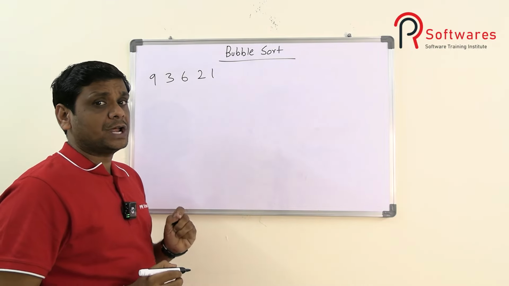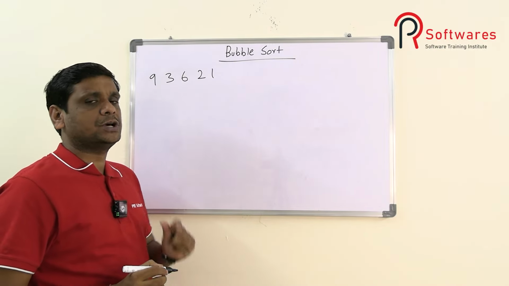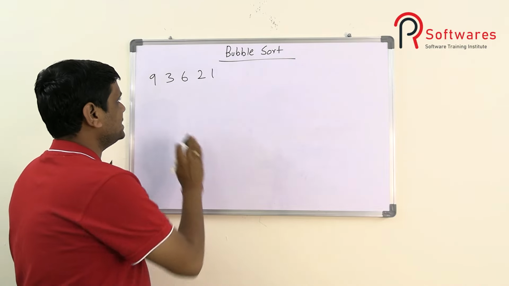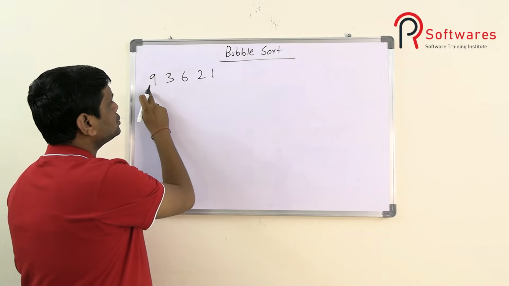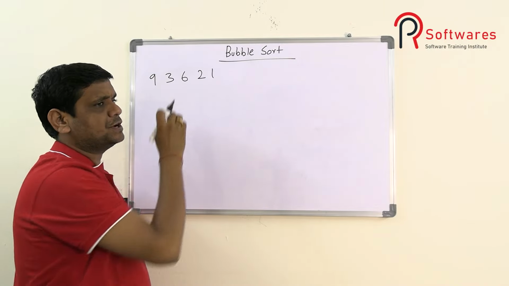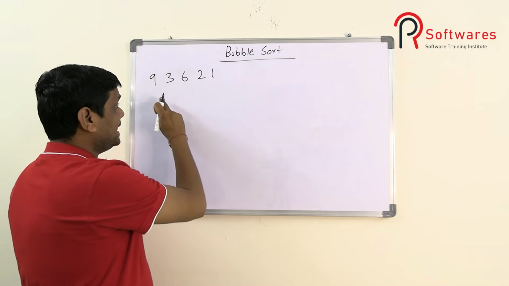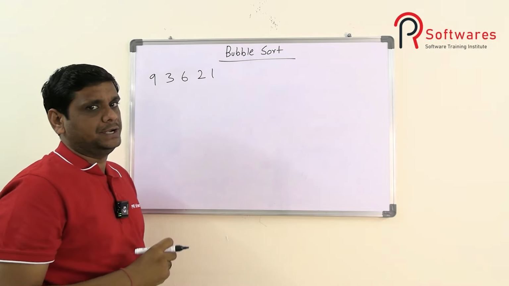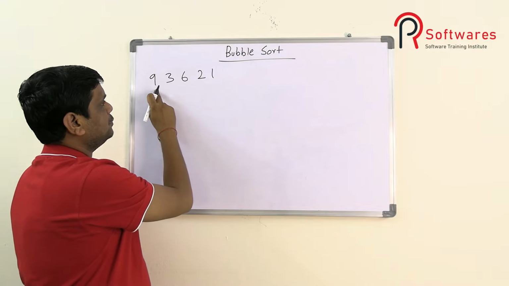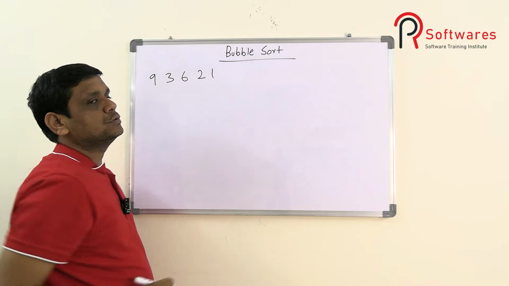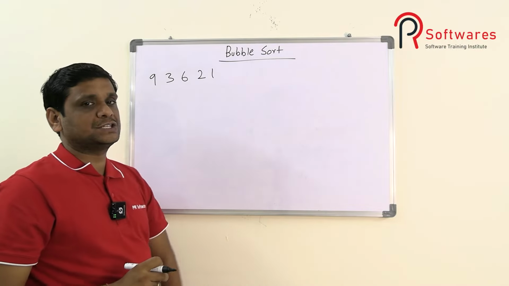First you should understand what the bubble sort algorithm is and how it works. Basically, the concept is that you find the biggest value in the first pass and move that value to the end. When I check, the biggest value is 9, and that value we have to shift to the last position.